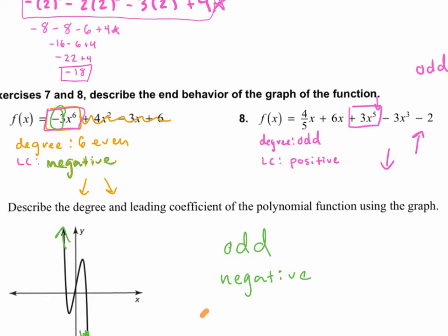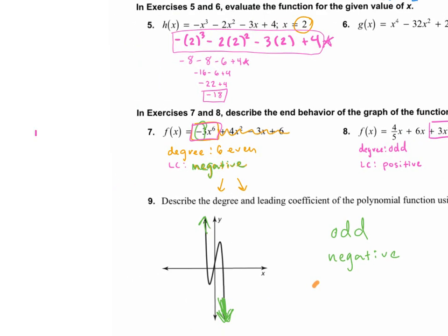And then negative, always when it's negative, the right one is down. Okay. For sure. Anytime the degree is odd, they go in opposite directions.